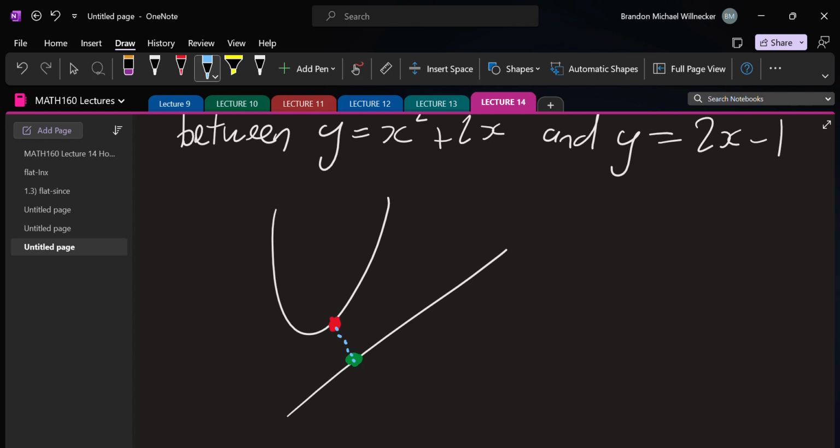We also know that the shortest distance line is normal to both functions. If it's normal to both functions, it's normal to the tangents. So we can put in the tangent line. Okay. And what do we know? If they're normal to both tangent lines, their tangent lines must be parallel.